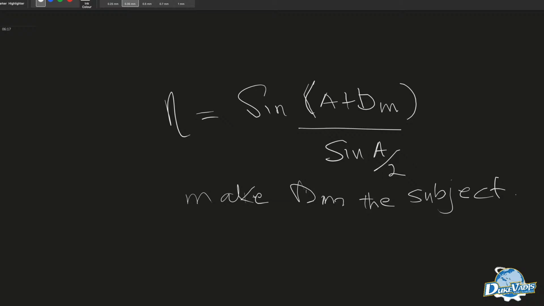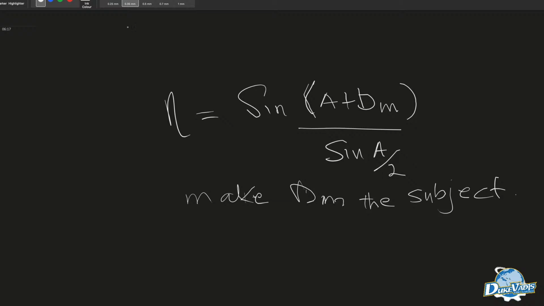And here, we have been asked to make the D minimum the subject. So that is the equation as you can see over here. But as I said earlier, we don't need to understand the equation.